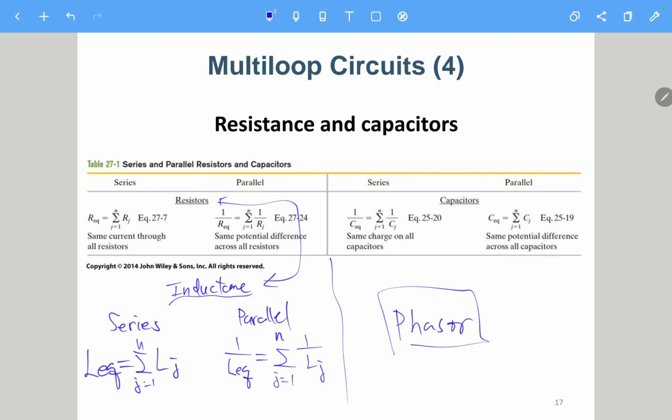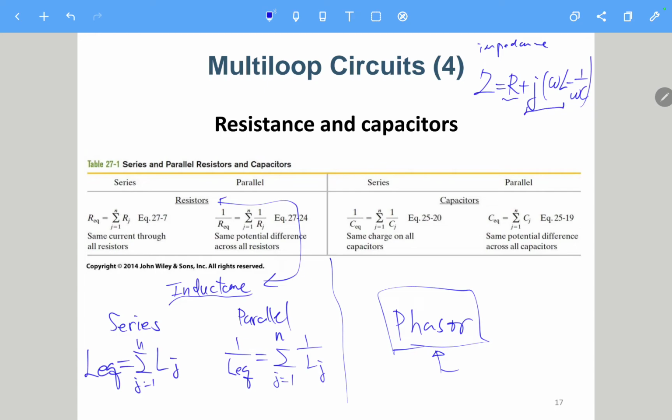In chapter 31, we will talk about something called phasor. Maybe in high school physics, you have learned something about that. You express something called the impedance. Impedance is like the resistance plus j times omega L minus 1 over omega C. So the resistance is a real number.